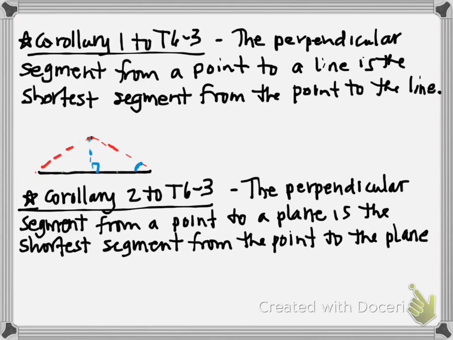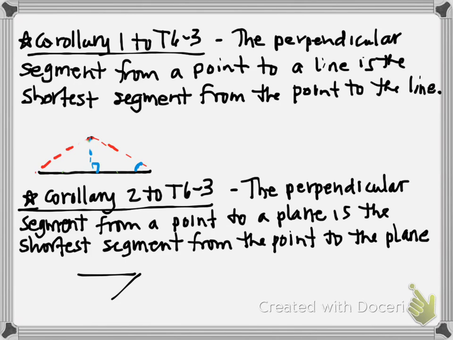So this is not a converse. This is different, dealing with a different situation. The top one is having that point going to a line. The second one is going a point to a plane. But the same relationship that you see going on in the first corollary would be the same in the second one.